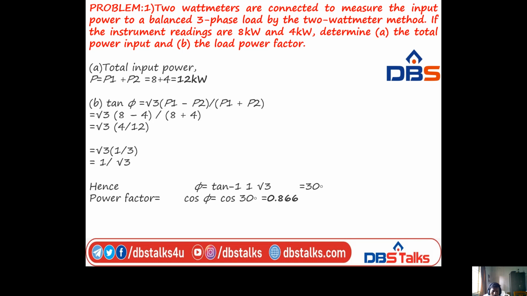This is on the measurement of power and the power factor. Two wattmeters are connected to measure the input power to a balanced three-phase load by the 2-watt meter method. If the instrument readings are 8 kilowatts and 4 kilowatts, determine A, total power input, and B, load power factor.